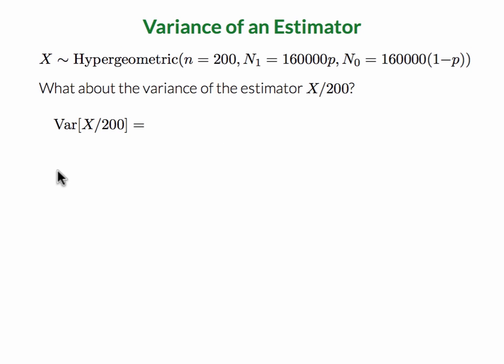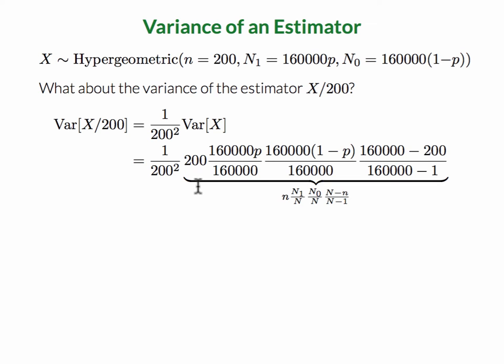Now, we'd also like to know something about how variable our estimates can be. So to measure this, we'll calculate the variance of our estimator X over 200. So this is the variance of 1 over 200 times X. We can bring out the constant, but we have to remember to square it when we bring it out. Now this is just the variance of a hypergeometric random variable.